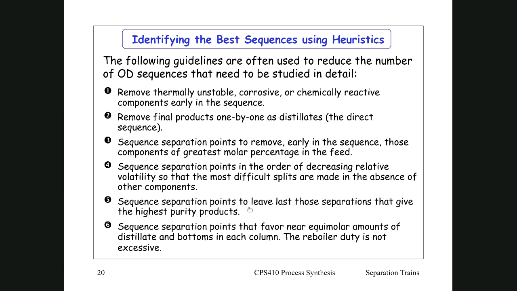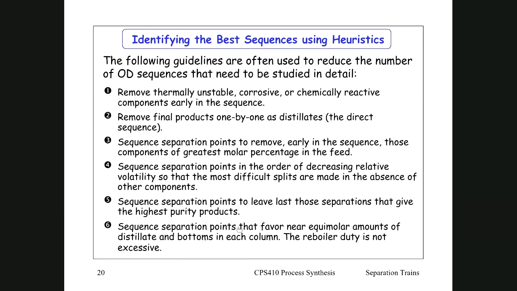It's only if you say one of these products needs to be at 3 nines purity, in other words 99.99% purity, then you would want to leave that separation last. Okay, so this is not going to be applicable in our next example.